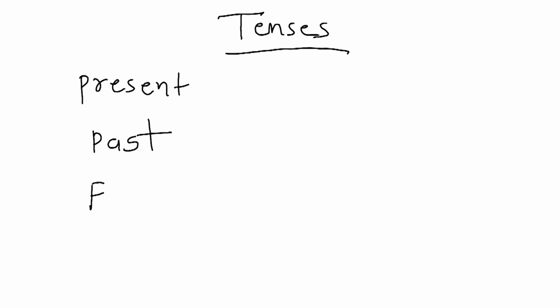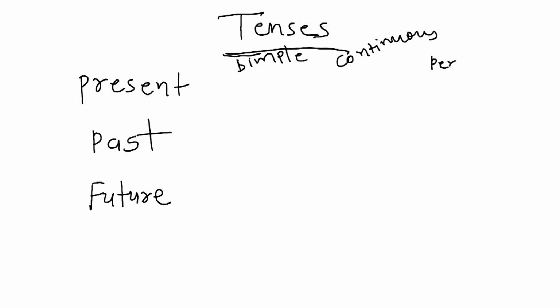Today our topic is tenses: present, past and future, and the aspects are simple, continuous, perfect and perfect continuous.